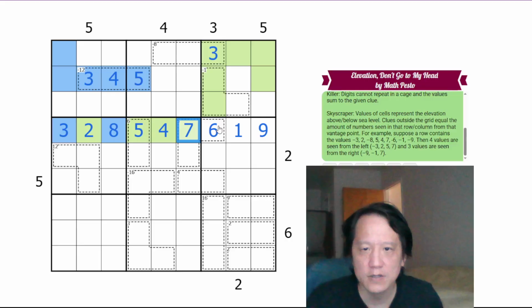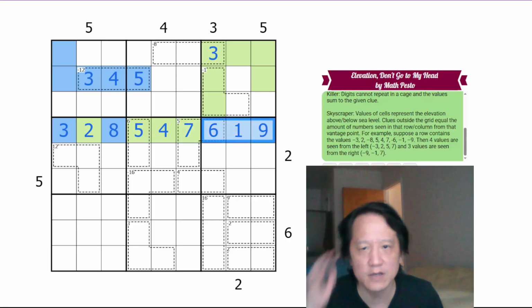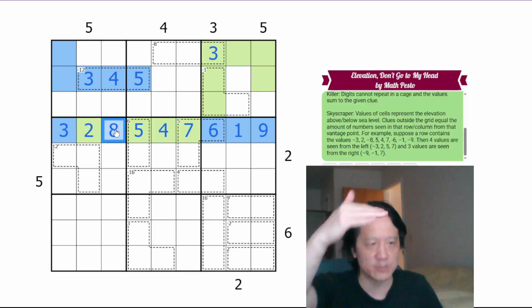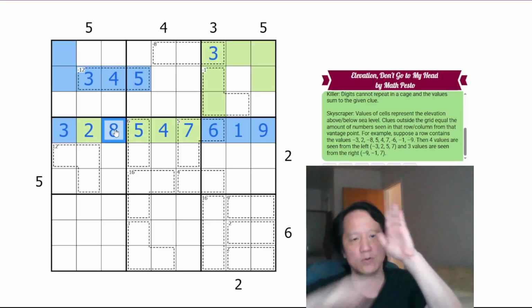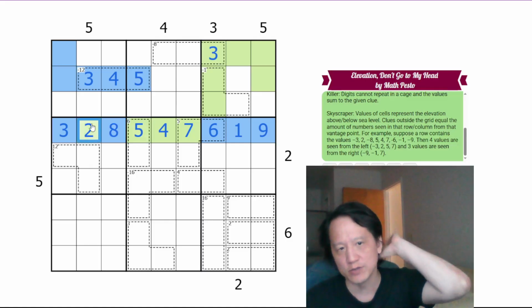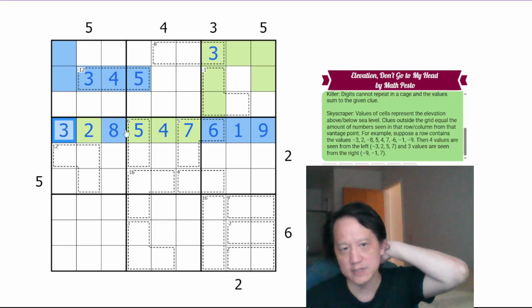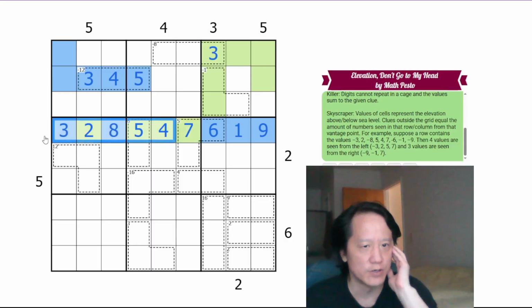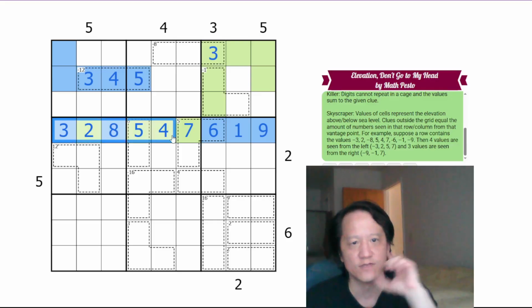Then 4 values are seen from the left, because it would see the negative 3 first, it would see the 2, it would not see the negative 8 because that's below the 2 in value, it would see the 5 because it's greater than the 2, it would not see the 4 because that's not greater than 5, and it would see the 7 because that's greater than all the previous values in front of it.